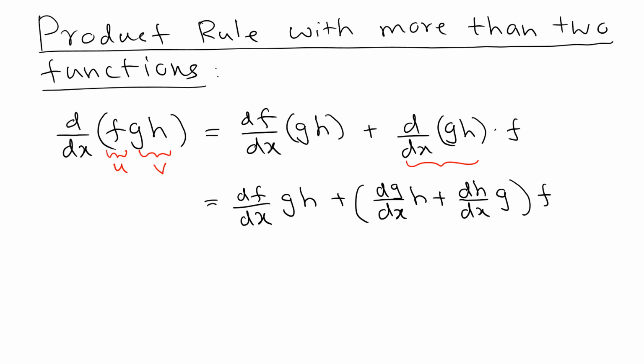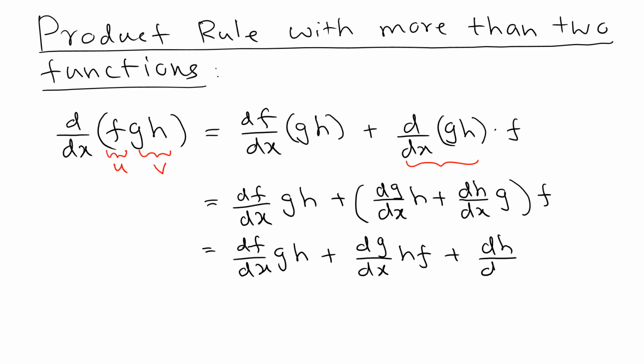Now we can distribute it and write it like this. It is df over dx times gh, then dg over dx times hf, and then dh over dx times gf.